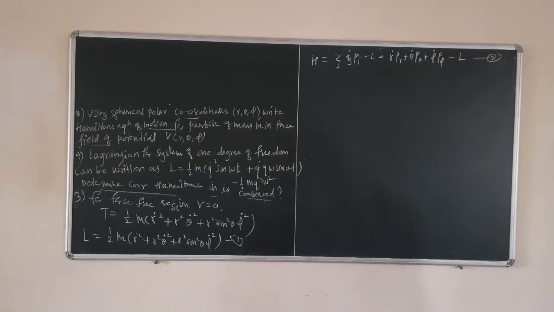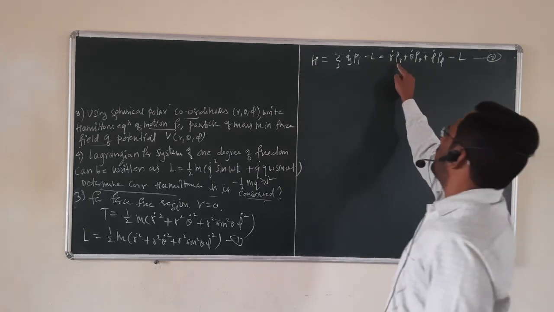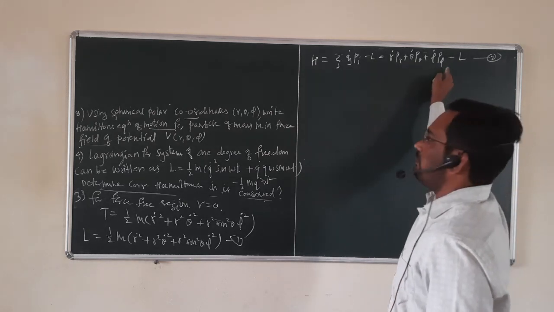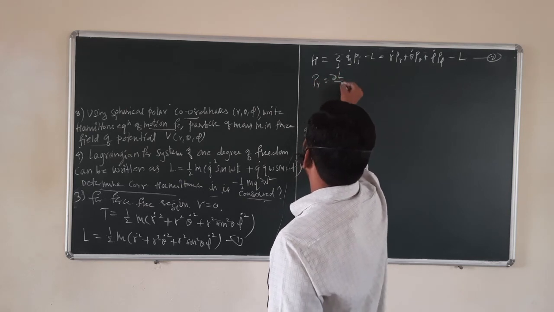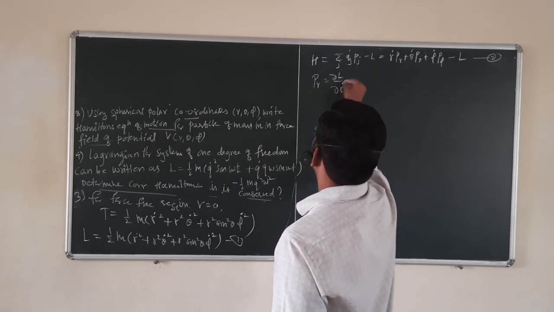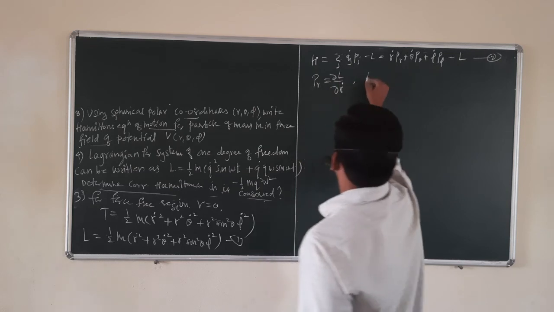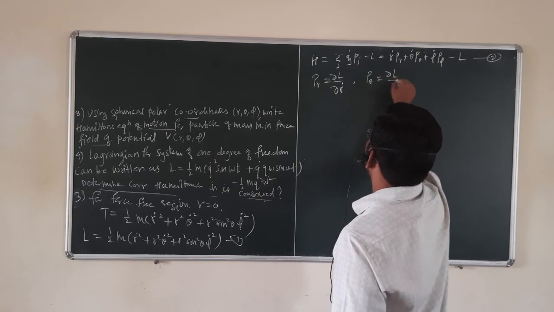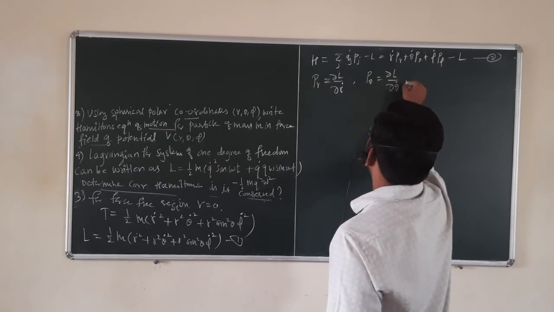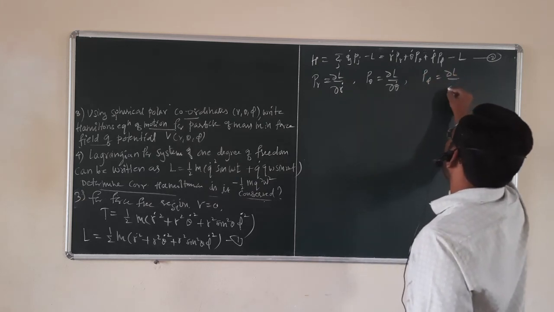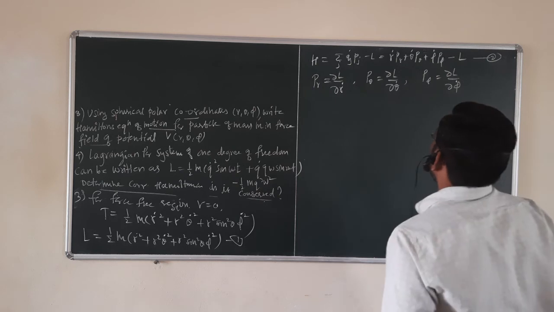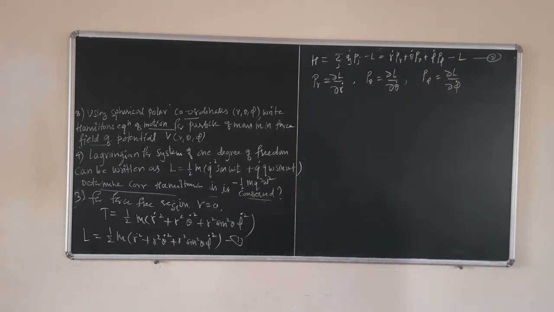Now here we can obtain Pr, P theta and P phi: Pr is the partial derivative of Lagrangian with respect to r dot, P theta is the partial derivative of Lagrangian with respect to theta dot, and P phi is the partial derivative of Lagrangian with respect to phi dot. So all these we can obtain.